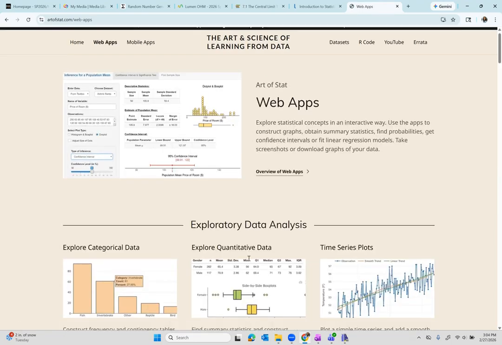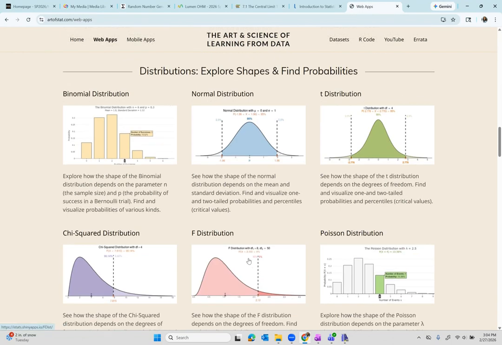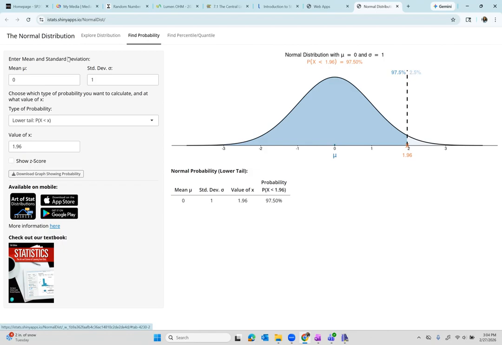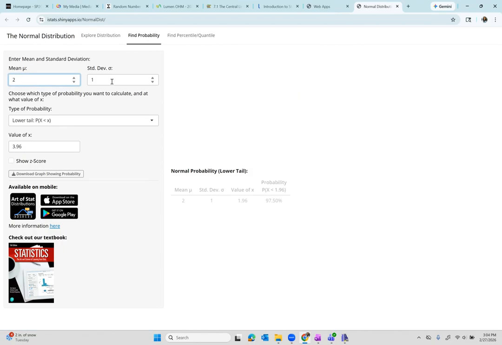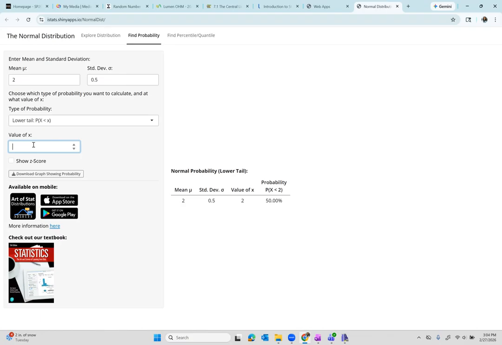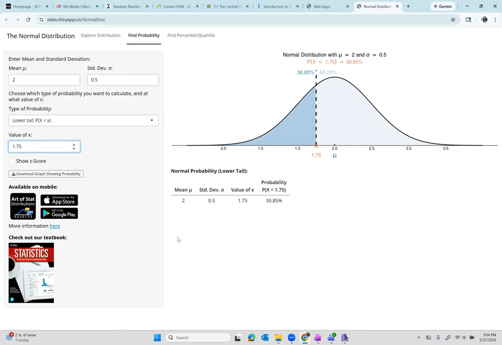I will go into the normal distribution app. I will select find probability. I have a mean of 2 and a standard deviation of 0.5. And I'm going to ask for the probability in the lower tail of 1.75.